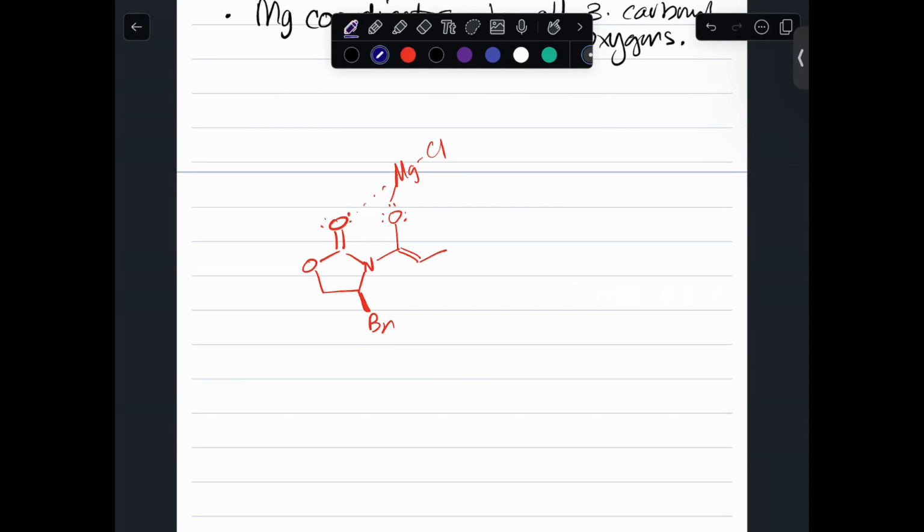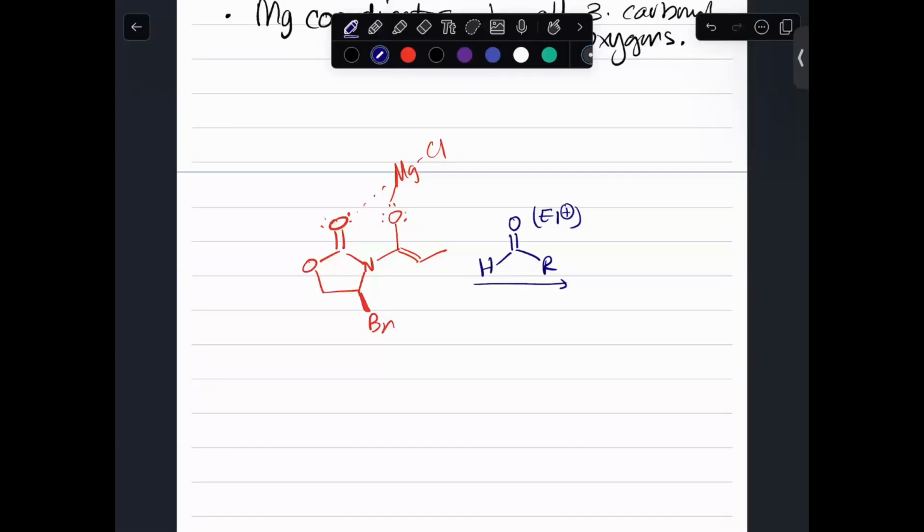And then I'm going to go ahead and add my carbonyl compound, i.e. my electrophile. And now what we're going to do is we're going to draw them coming together. And I will, of course, do it three-dimensionally, and then, of course, unravel it so that you can see it two-dimensionally.